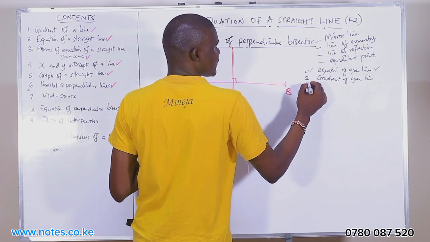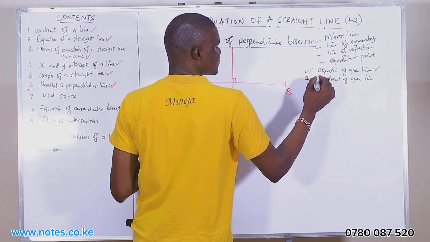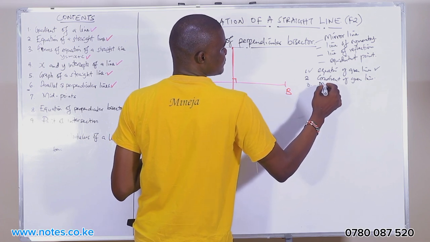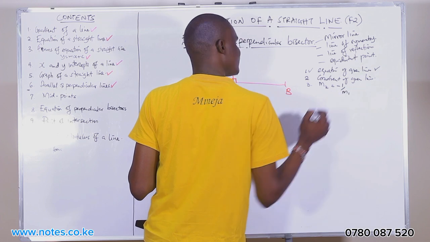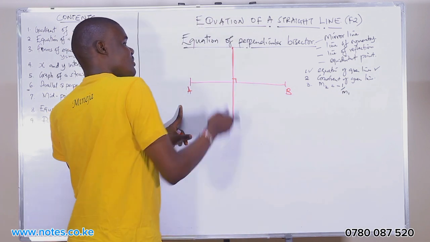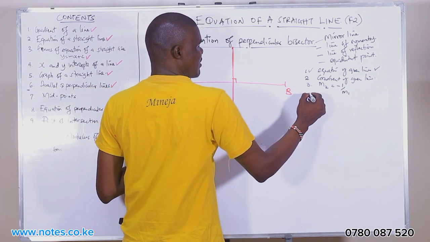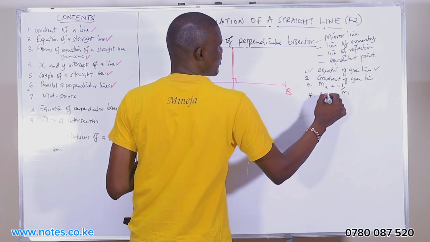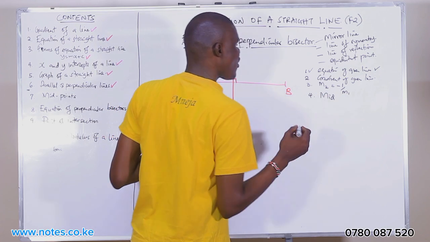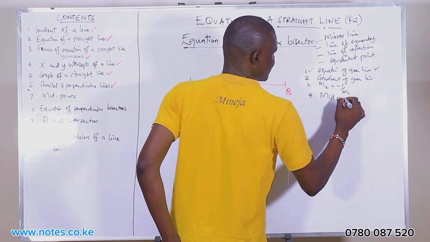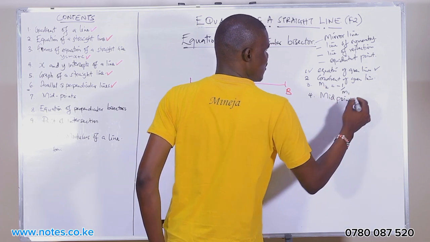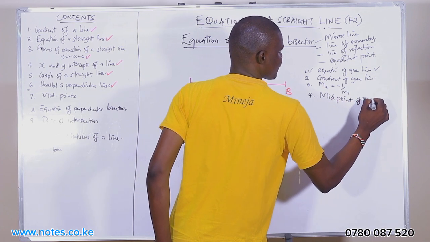And then number three is to get M2, which is the negative reciprocal of M1, because it is a perpendicular line. And then number four, you get the midpoint of the given line. This question is normally 4 to 5 marks depending. It is very involving, so that is why.